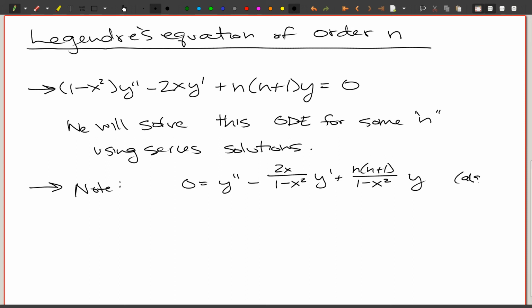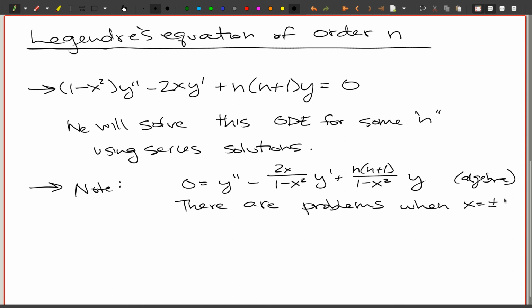That's just algebra, dividing through by the thing that's attached to y double prime, something we do a lot in this class. But when we do that, we can see that we run into problems at x equal to plus or minus 1. So there are problems when x equals plus or minus 1.